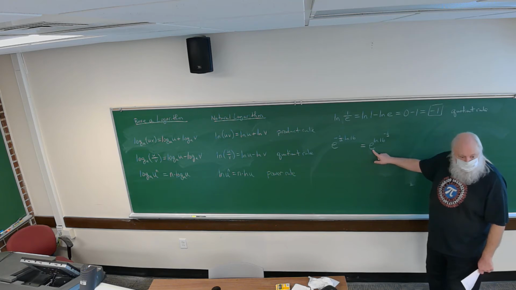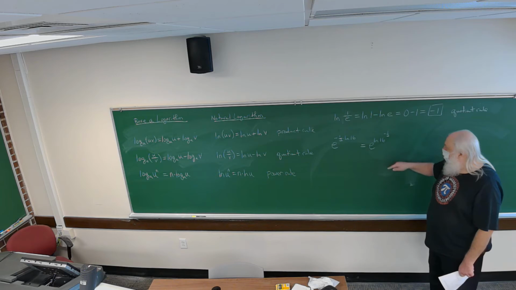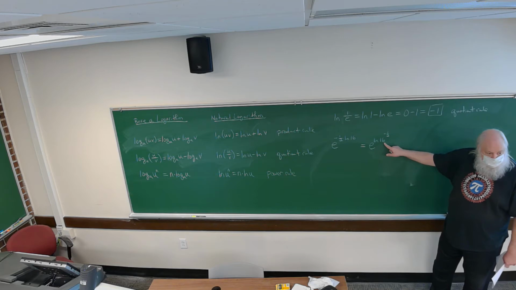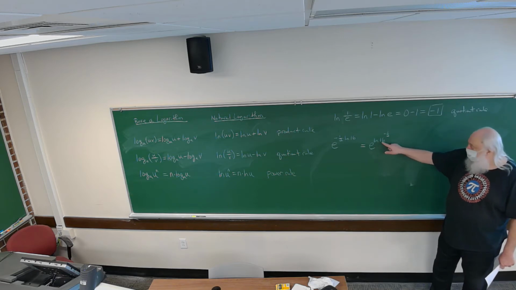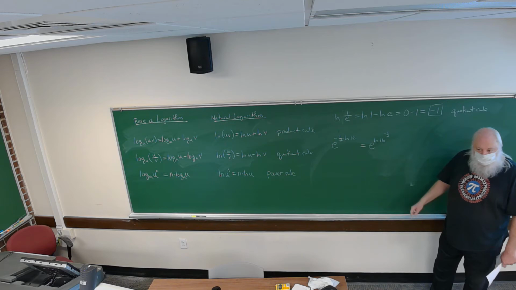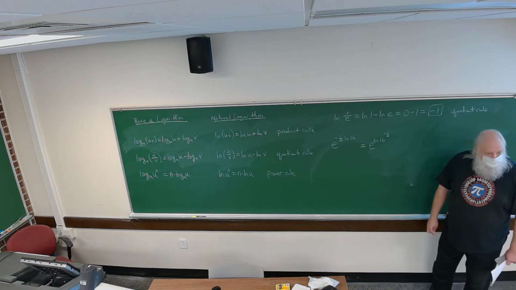Could you repeat that? -1/2 is the exponent on the number 16, and the natural log of 16 to the minus 1/2 power is the exponent on the number e. So we have an exponent and an exponent.